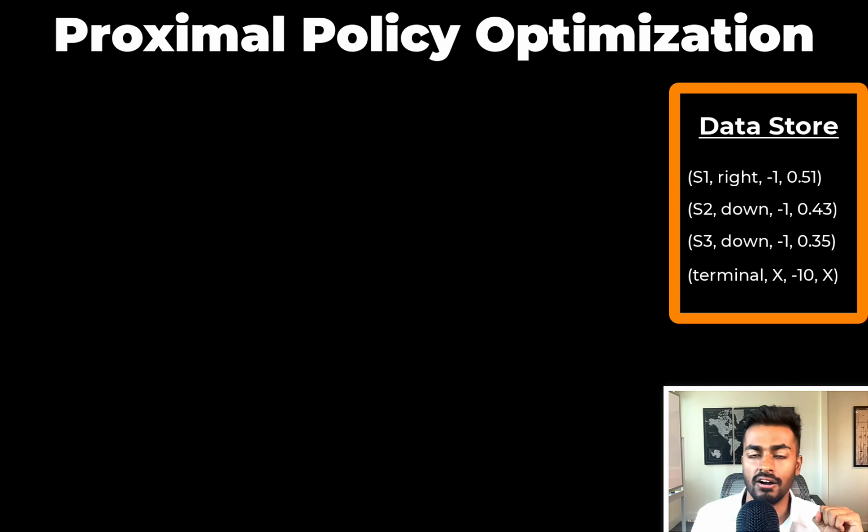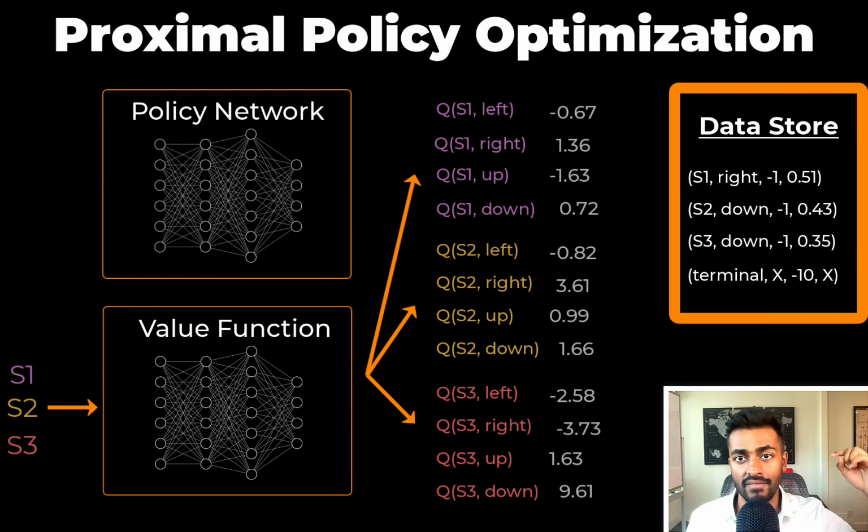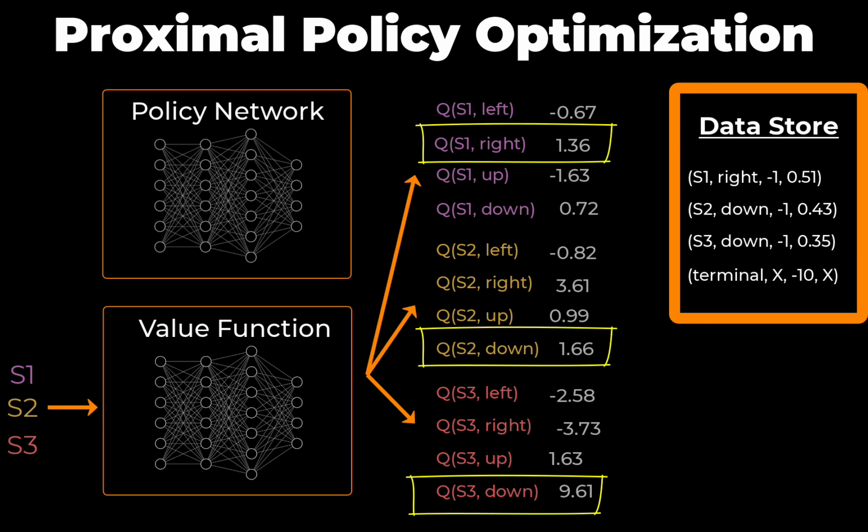Take the batch of the state, action, reward, and action probability. Now the state and action are used with the value function network to give us a Q value. And like we said before, this will quantify how good do we expect this action to be. We then determine the total future reward for every time step using the data that we stored.